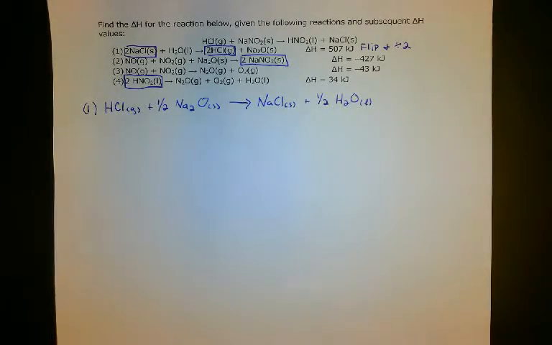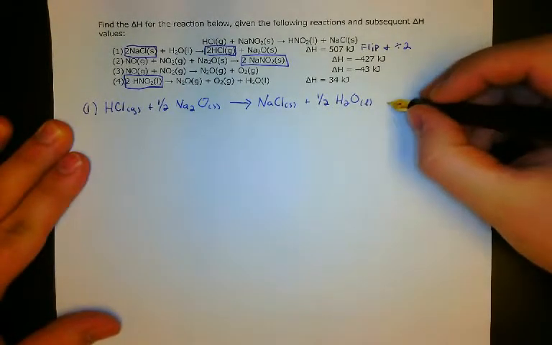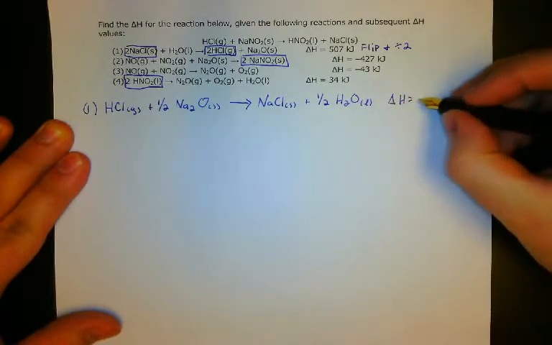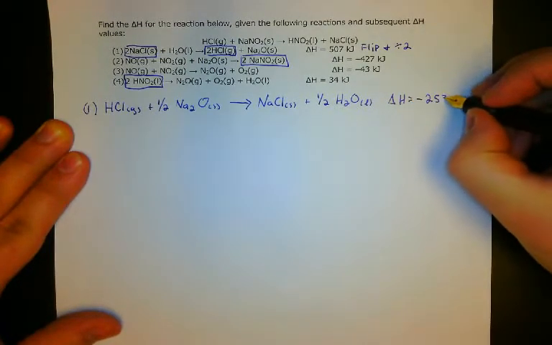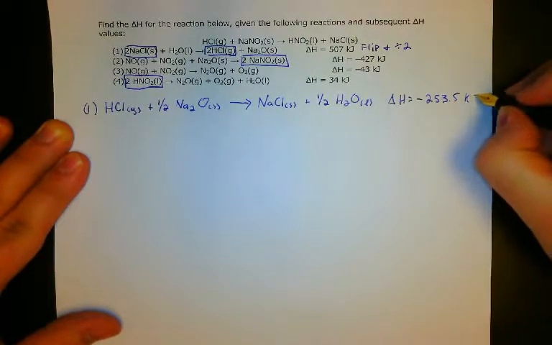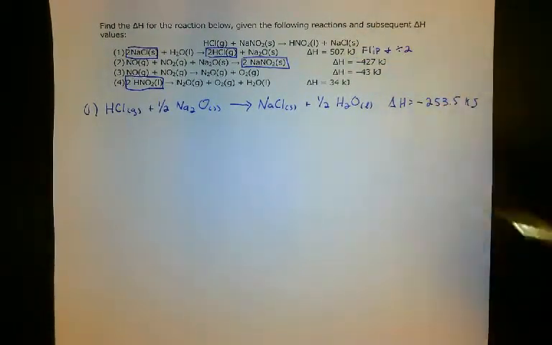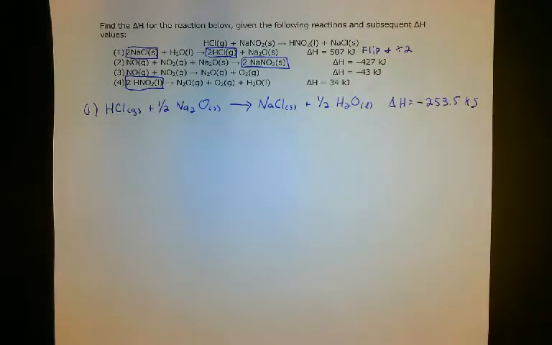It needs to also flip, yes. So delta H here is a positive 507, so it needs to become a negative 507. And then we also need to divide it in half because we divided the entire thing in half. So 507 divided by 2 will give me 253.5, and it's got to be negative. Again, it's got to be negative because it was positive before. I reversed the equation, so I need to reverse the sign. I cut it in half, so I need to cut that value in half.